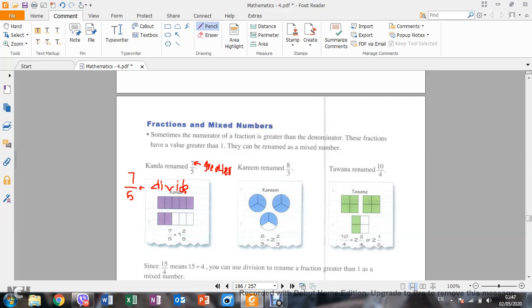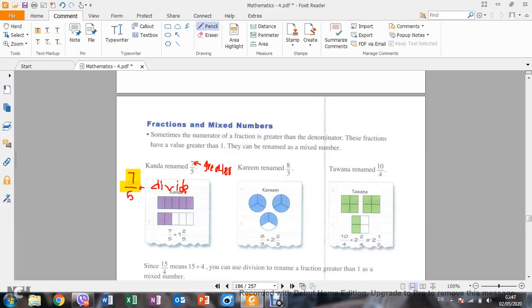When this top number is greater than the bottom number, you need to rename this fraction like a mixed number. How? This line means divide. So I rename this one by using long division.